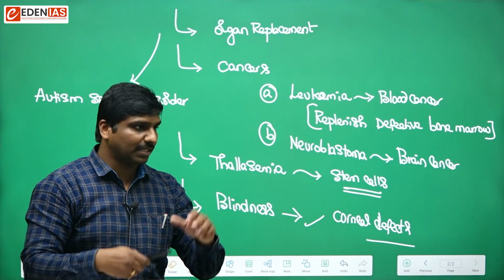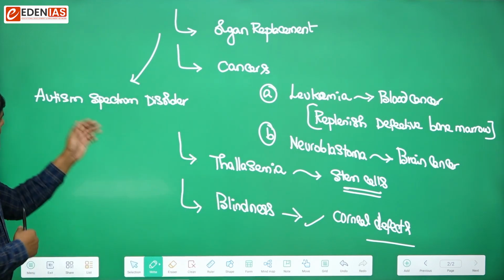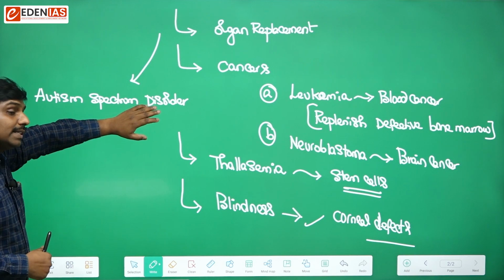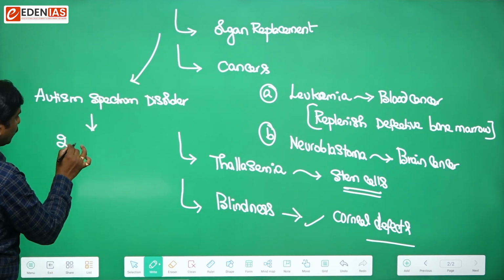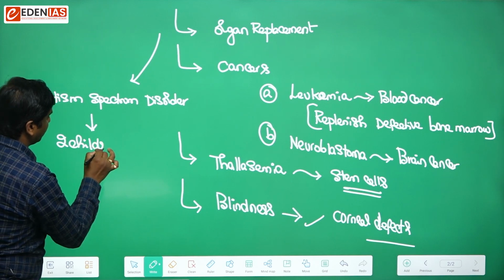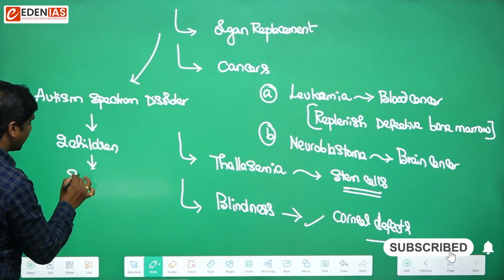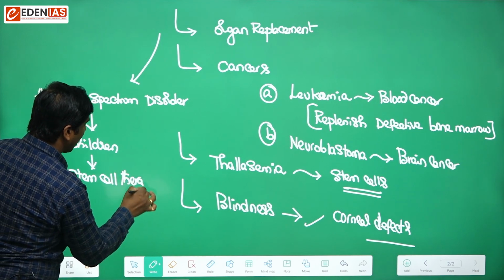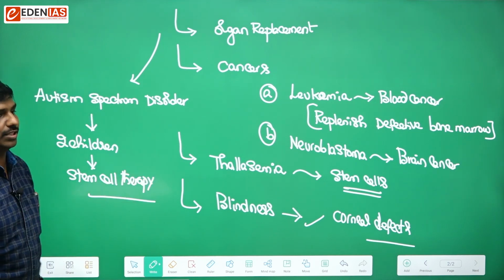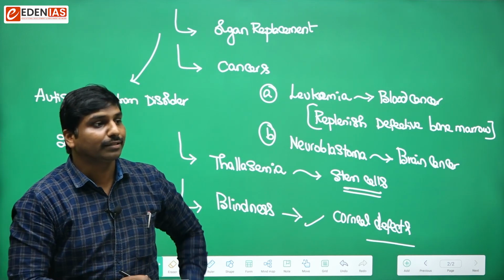So autism is such a disorder. Recently the Delhi High Court has allowed 2 children to go for stem cell therapy to treat autism spectrum disorder. So this is also another new development.